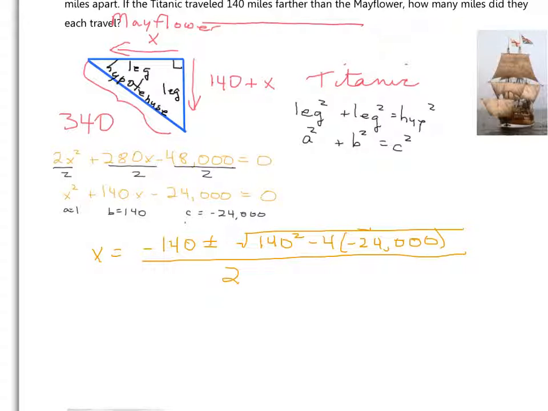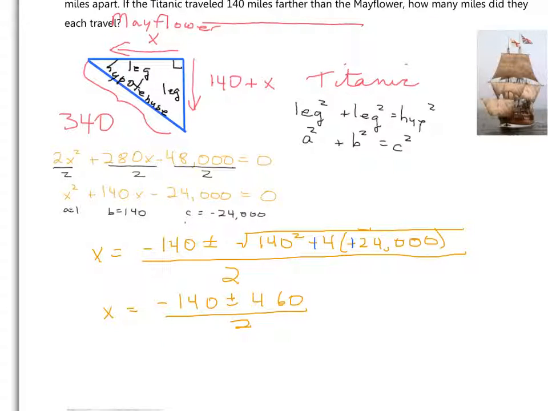Inside the parentheses we have 140 squared, and we have minus a negative, which becomes plus a positive. When you figure all of that out and take the square root, it becomes 460. So you have x equals negative 140 plus or minus 460 over 2.